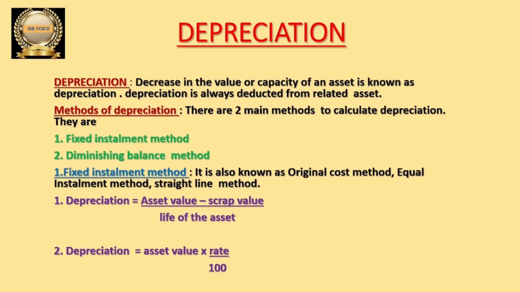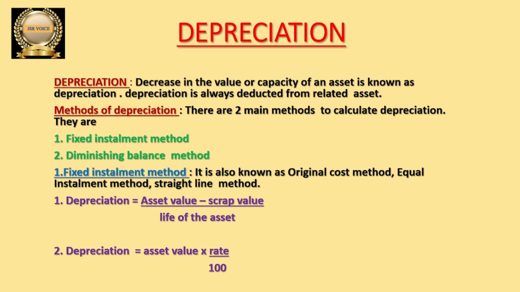And what are the formulas under this method? Two formulas are there under the fixed installment method to calculate depreciation. First one is depreciation is equal to asset value minus scrap value divided by life of the asset. The second formula is depreciation is equal to asset value into rate by 100.